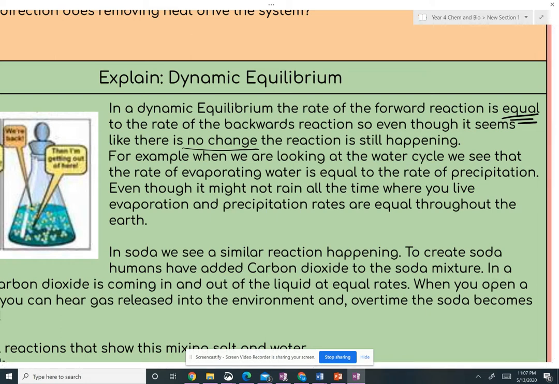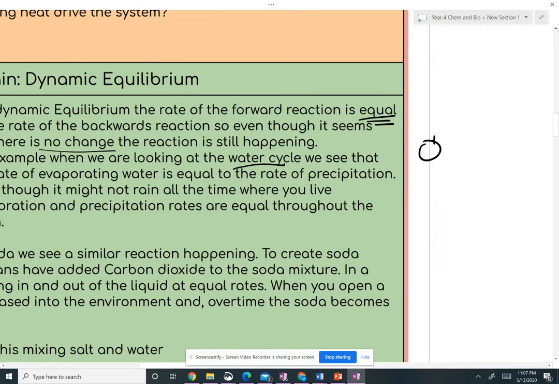There are a couple of examples that you guys have seen before. For example, in the water cycle that we talked about last unit, the water evaporates from the ocean, goes up into the clouds, and then precipitates down. We have our Mr. Sun here.